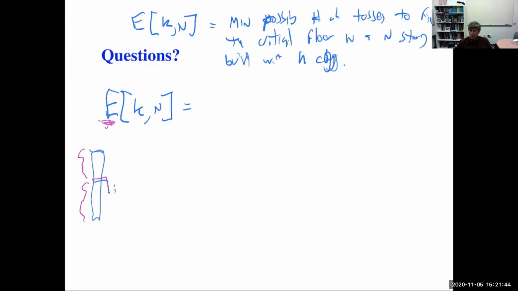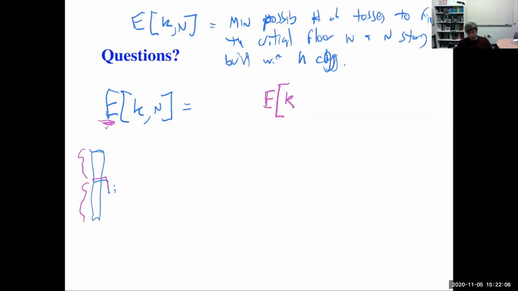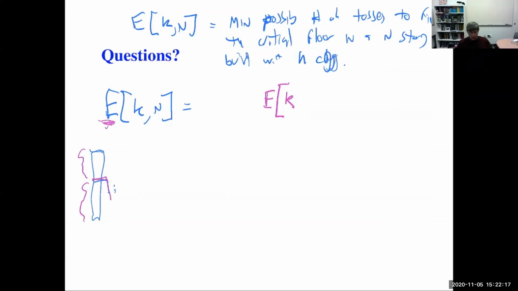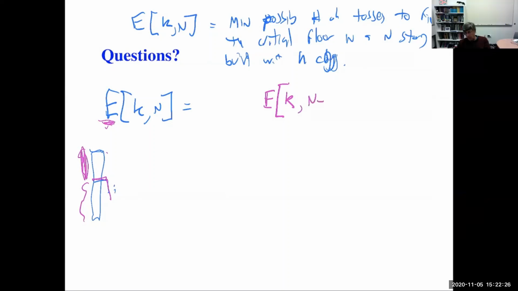If I don't break the egg, how much work is left? I've got how many eggs left if it didn't break? I started with k. How many eggs do I have? If it didn't break, k. And how many floors do I have left to deal with? If it didn't break, then I know that it's safe here. I've got how many floors up here? n minus i. n minus i floors, right?